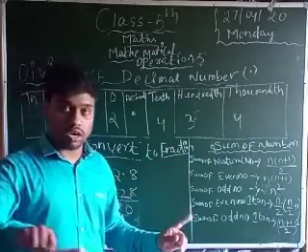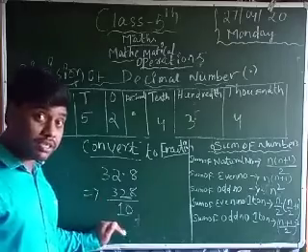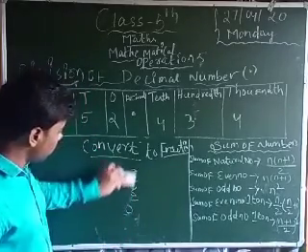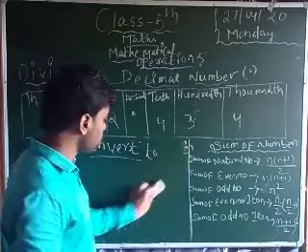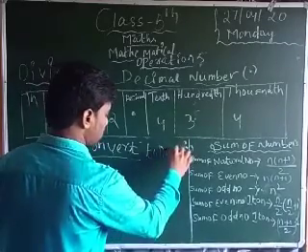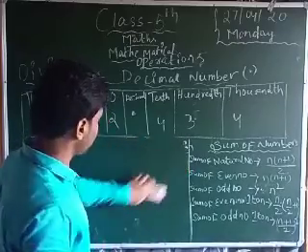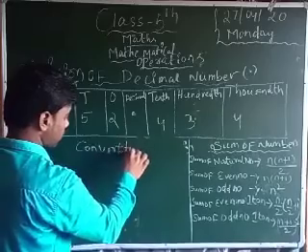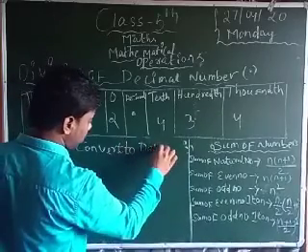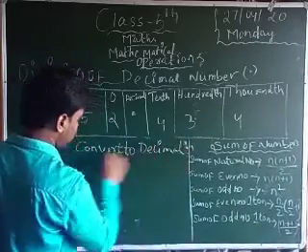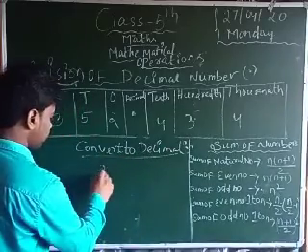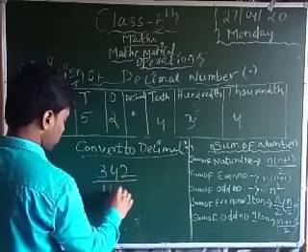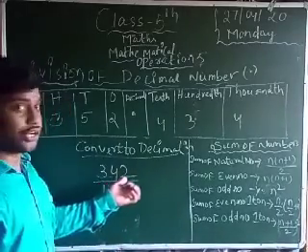Okay, understand? Now this is the reverse order: when a fraction is present, you convert it into a decimal. How? Take 342 by 100.